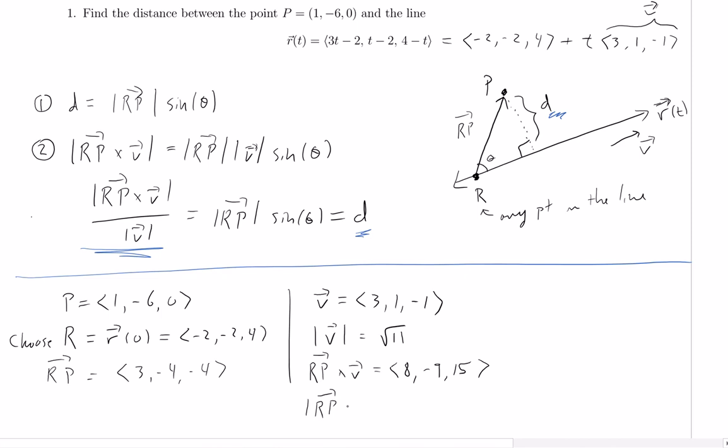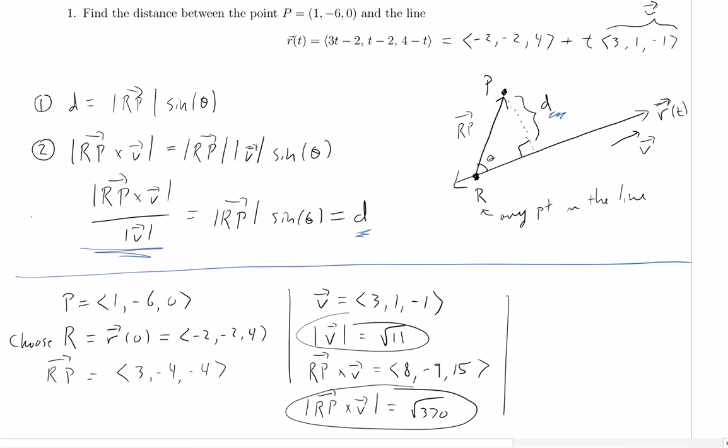And the last thing we need is the length of this, which comes out to be the square root of 370. So now we have everything we need. If we look back at our formula, we just need these two things: the length of RP cross V, and the length of V itself. And we just divide these two things.